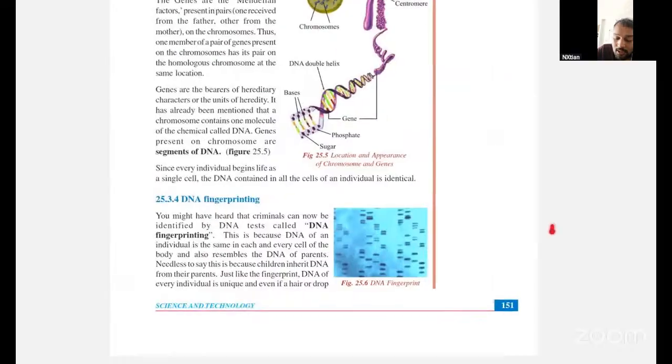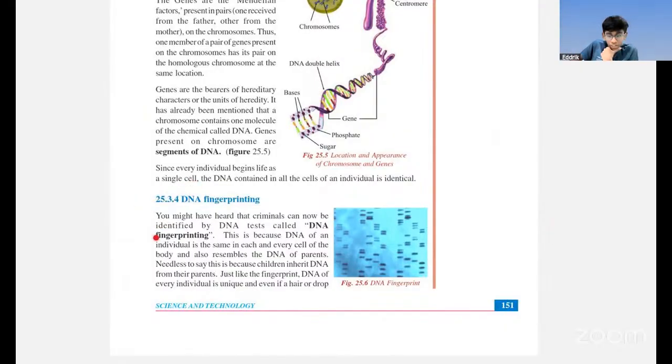Okay. So now we will understand DNA fingerprinting. Edric, please read this. 25.3.4 DNA fingerprinting. You might have heard that criminals can now be identified by DNA tests called DNA fingerprinting. This is because DNA of an individual is the same in each and every cell of the body and also resembles the DNA of parents.